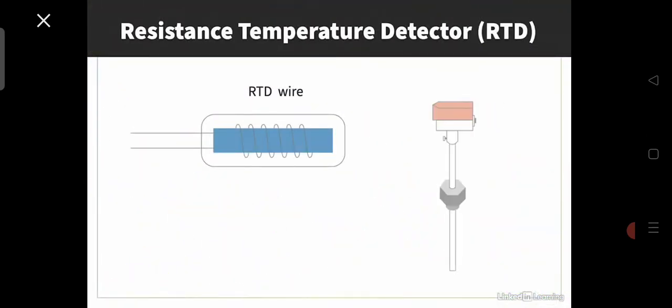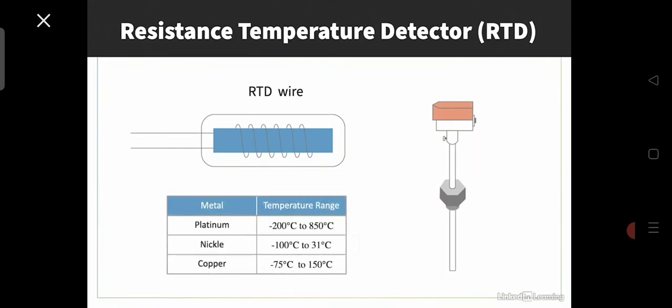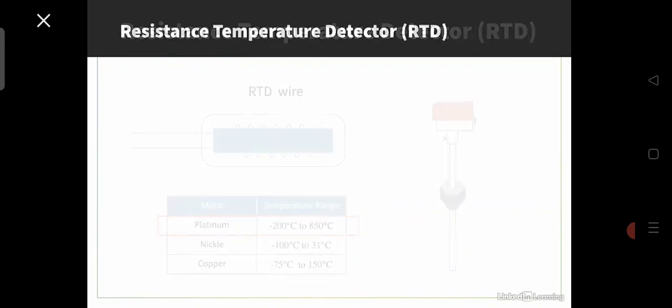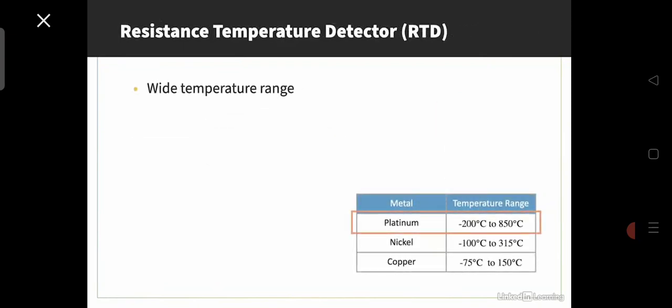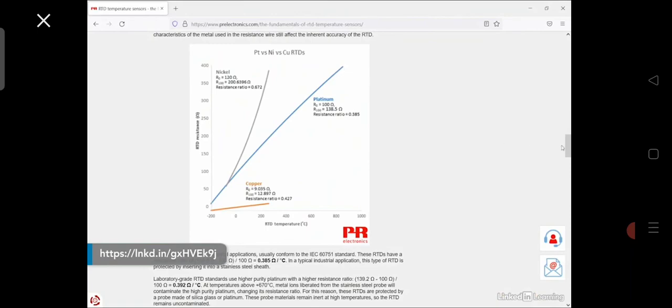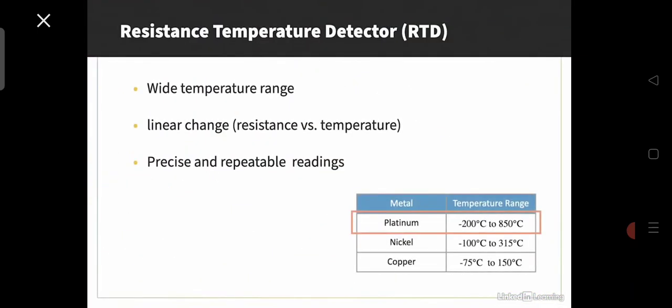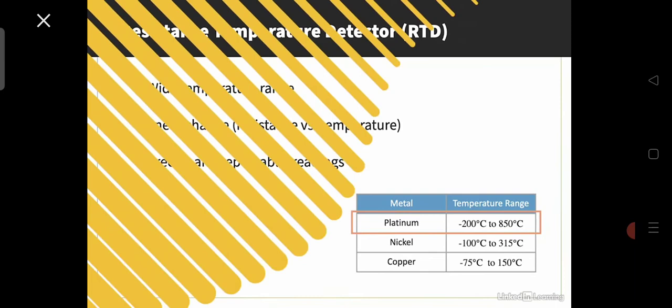RTD wire can also be made of other materials like nickel or copper. Platinum is the most popular material for RTDs because it has a wide temperature range from -200 to 850 degrees Celsius, and it has a linear and stable change in resistance versus temperature relationship that gives precise and repeatable readings.